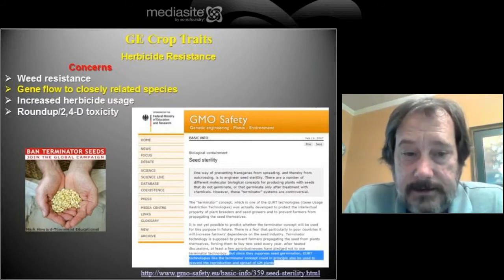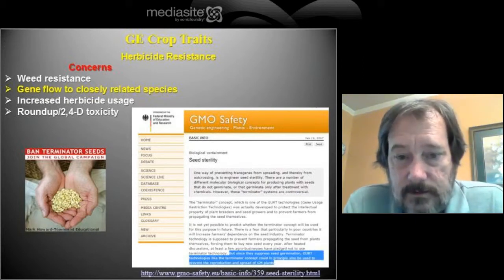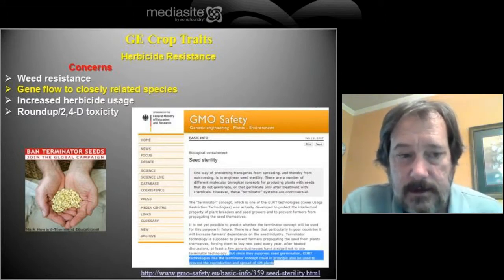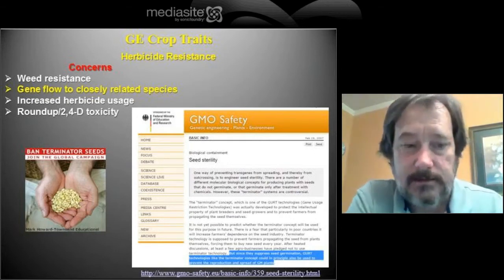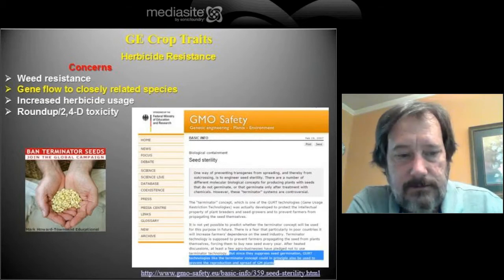The technology exists, it's just not commercialized. So if you hear somebody talking about Monsanto or whoever using terminator seeds, that's not true. The technology exists, but it has not been commercialized, and they are indicating they have no plans to commercialize it. But it could be a way to prevent gene flow.